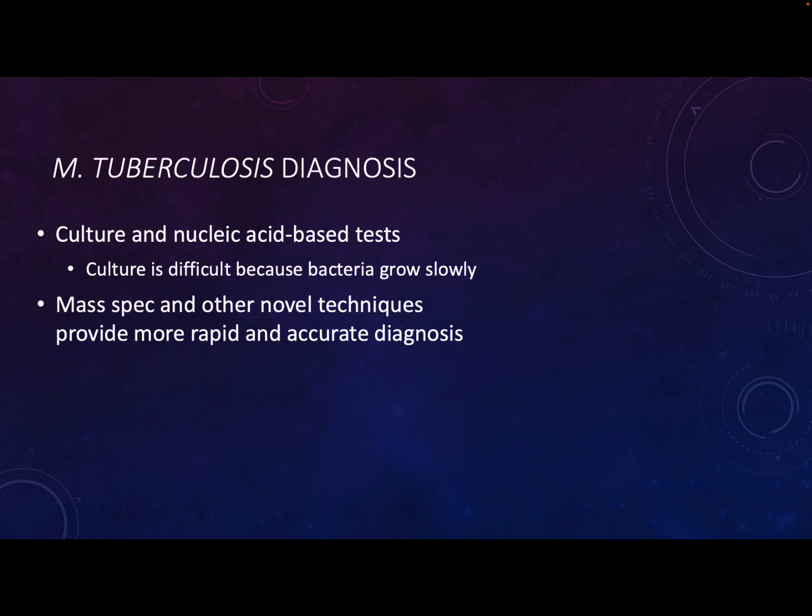You're waiting weeks sometimes for a colony to show up on a plate. There are other techniques like mass spec, where you can look for byproducts of bacterial metabolism that are a little bit more rapid. Pretty much anything is more rapid than waiting 4 weeks to figure out if a person has TB. So they can provide a rapid and accurate diagnosis.